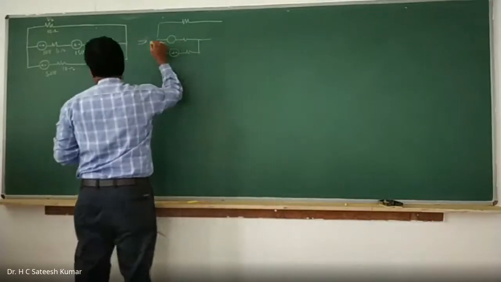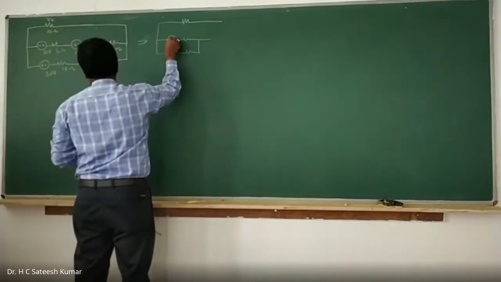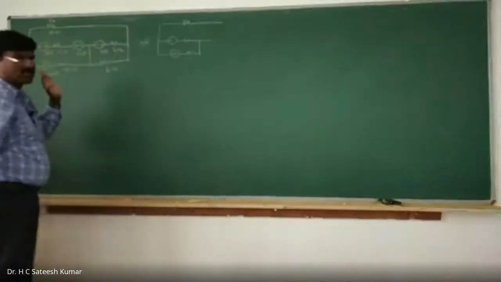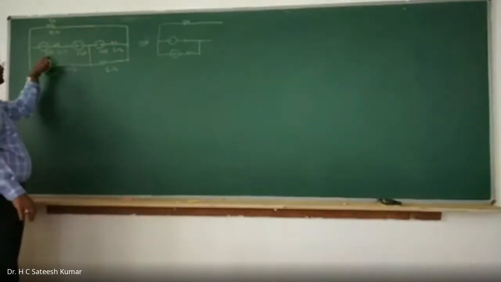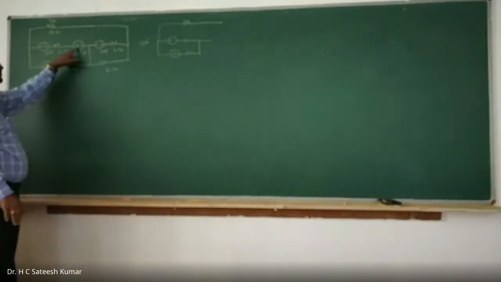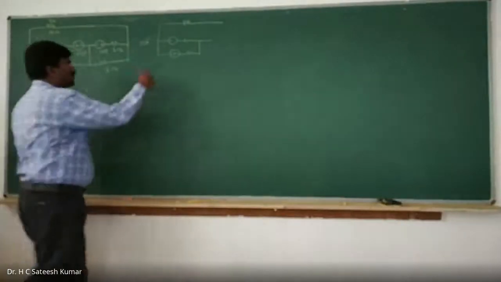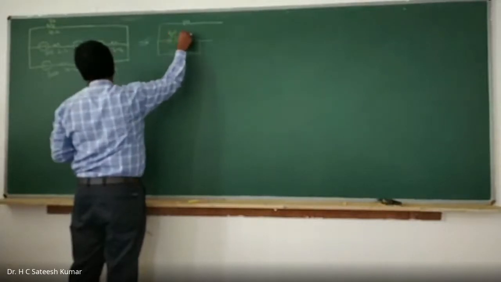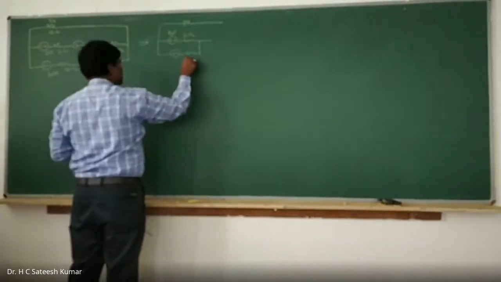So this is plus minus, minus plus, plus minus. Opposite polarity, so we should take the difference: 15 minus 10 is 5. The bigger one's polarity is plus minus. Therefore, we write it as plus minus 5 volts, 6 ohms, 10 ohms, 30 volts.